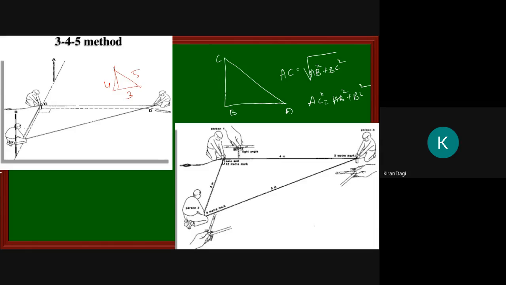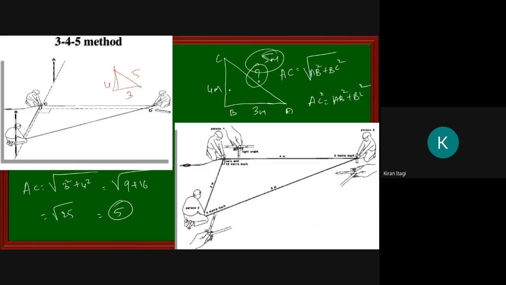Correct? Now, here this is 3 meter, this is 4 meter, and this is the unknown. Just apply the formula: AC equals the square root of 3 square plus 4 square, which is the square root of 9 plus 16, which is the square root of 25, a perfect square. So we have got 5. We will call this the 3-4-5 method.